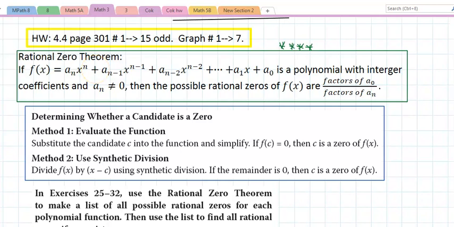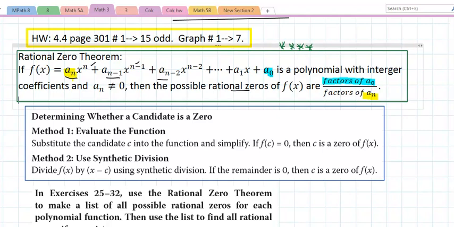It says if you are given a polynomial with leading coefficient a sub n and constant coefficient a sub 0, and this is a polynomial with integer coefficients, all of these are integers, and this and all of these are bigger than or equal to 0, integers, then the possible zeros are the factors of the constant divided by the factors of the leading term.